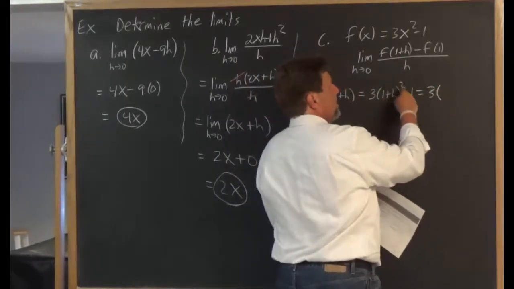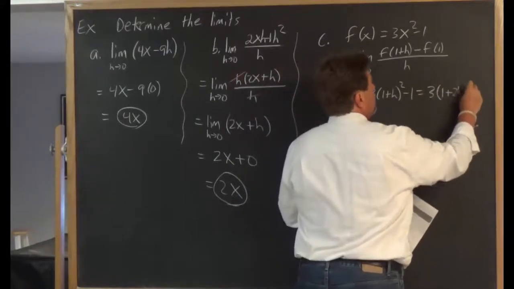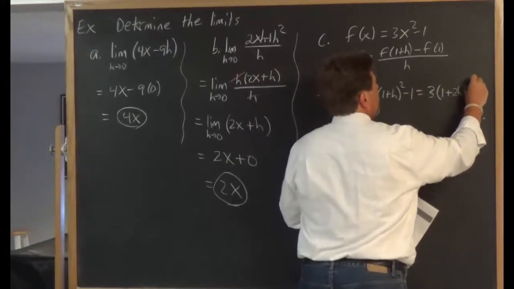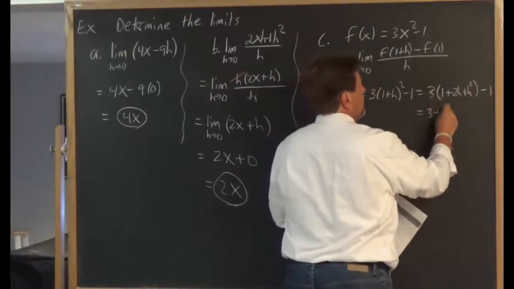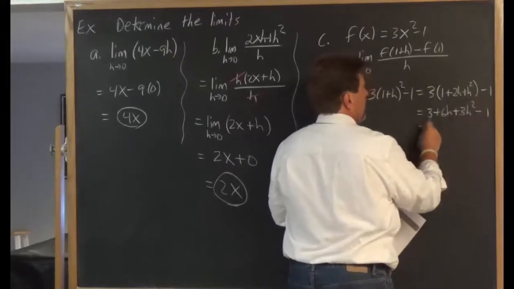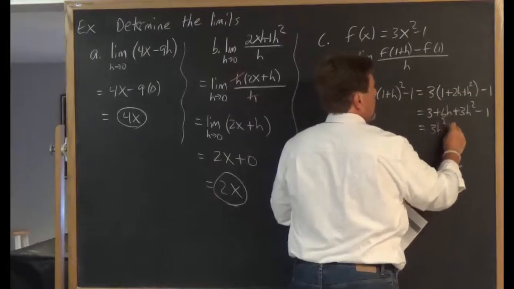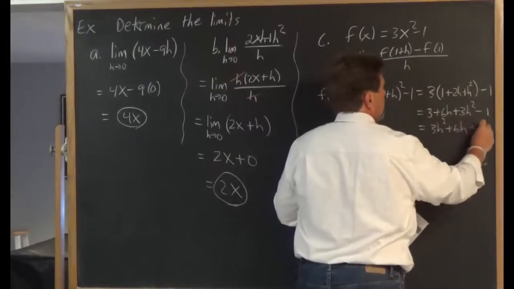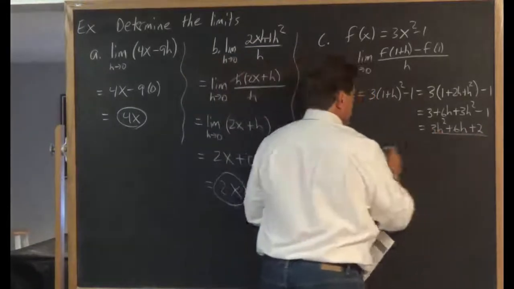Now we have to take 1 plus h and square it, so that's a 1 plus a 2h plus an h squared. And then I distribute the 3. And then I combine these like terms. So I get 3h squared plus 6h plus 2. That's the f of 1 plus h.